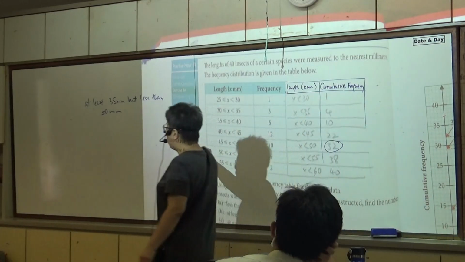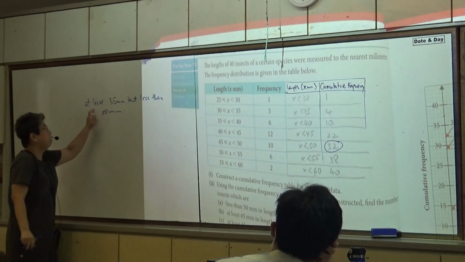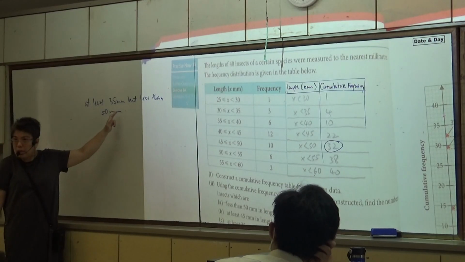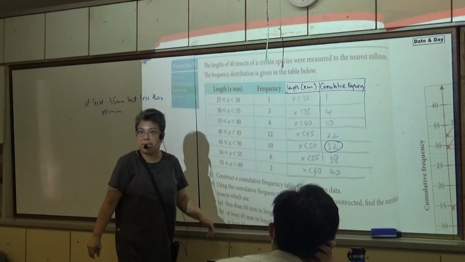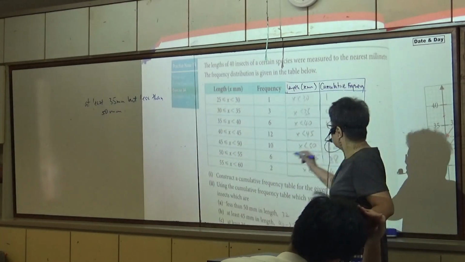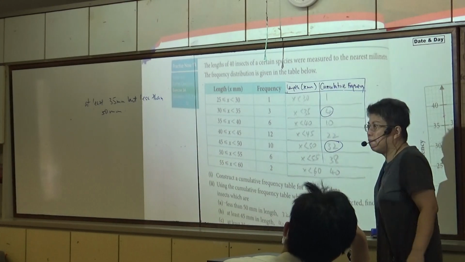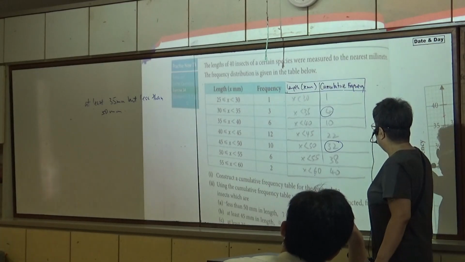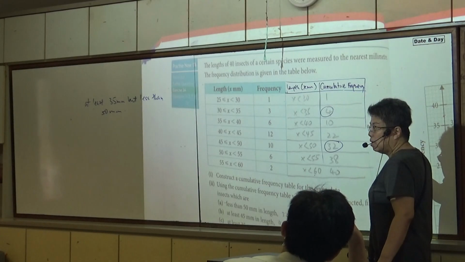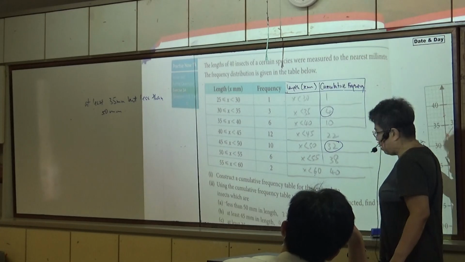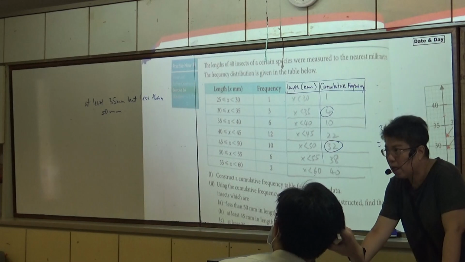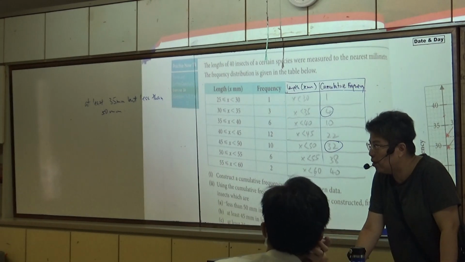But the question says they must be at least what? 35. That means those less than 35 we don't want, right? You agree? So we must exclude this one, right? 4 of them. Agree? So 32 minus 4, answer? 28. So can you write down the answer for part C? Everybody okay now?